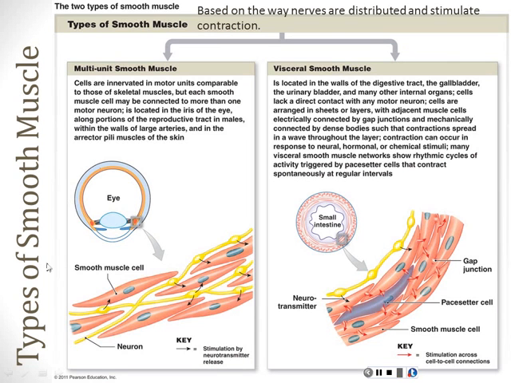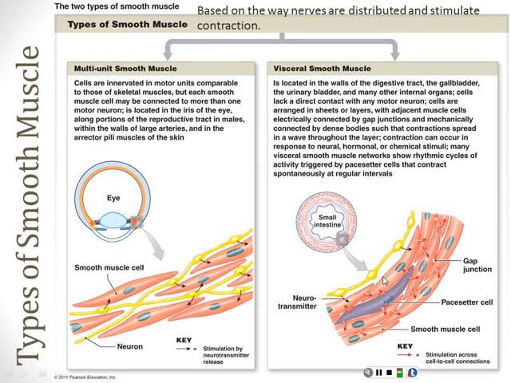Okay. So generally speaking, there are two kinds of smooth muscle. One is very common and one is pretty uncommon in the body. The most common kind is visceral smooth muscle, which is what we find in the GI tract. In visceral smooth muscle, the smooth muscle cells are connected together not only physically, in other words, they're bound tightly to each other, but also chemically.